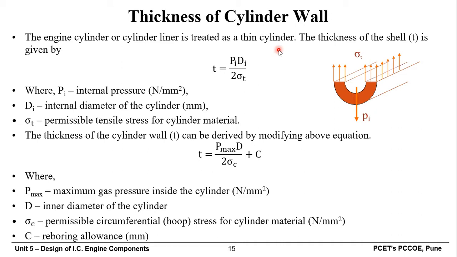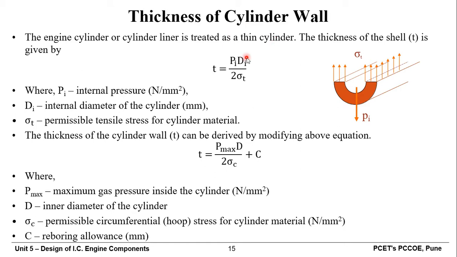And we know that in case of thin cylinder, the dominating stress is tangential stress or tensile stress, and the two other stresses, that is longitudinal and radial stress, have less value. So the design stress that we consider is sigma t, that is tangential stress. It is also called circumferential stress or hoop stress as well.